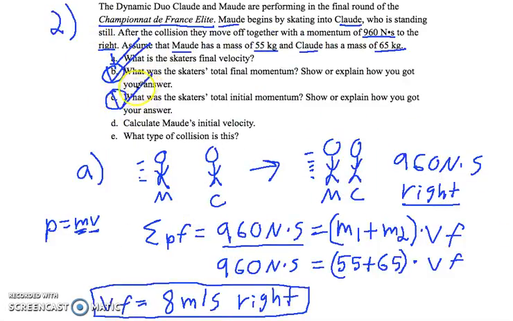The next one is to calculate Maud's initial velocity. So we're calculating not Claude's, but Maud's initial velocity before they stuck together. To figure that out, we're going to look at the conservation of momentum in this situation.